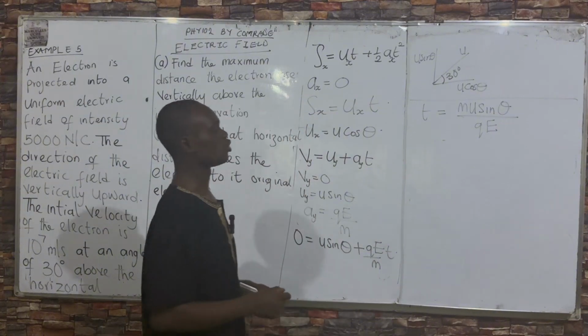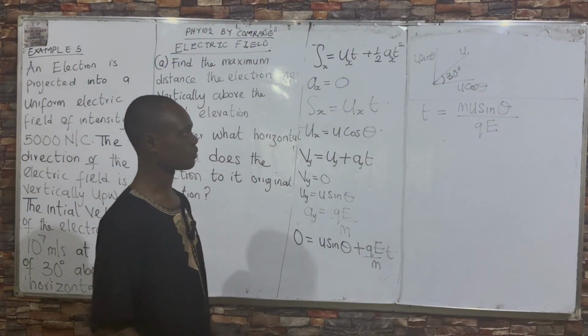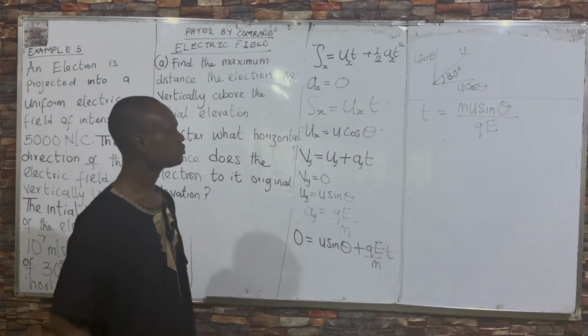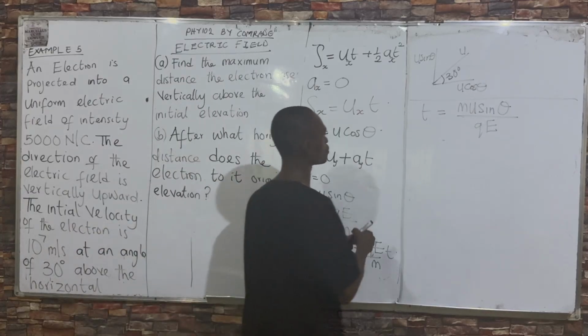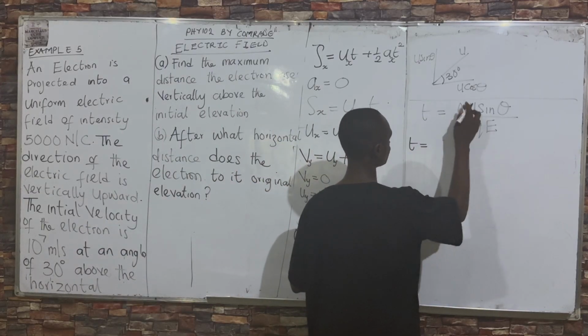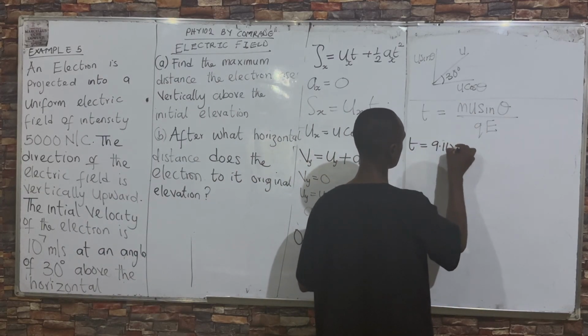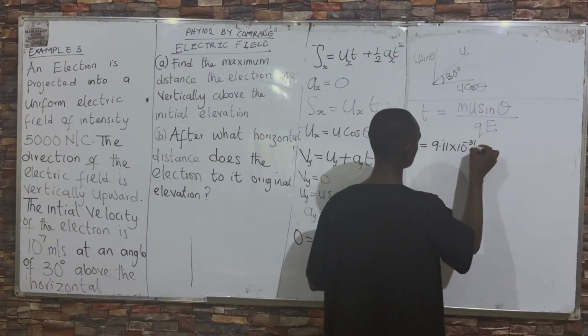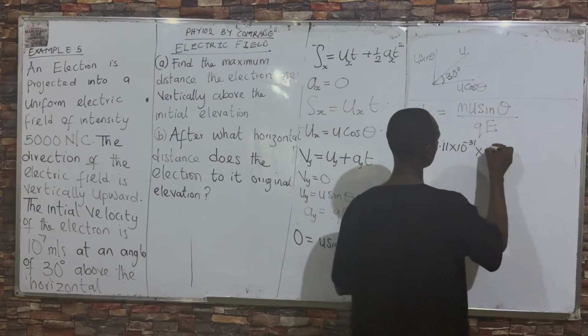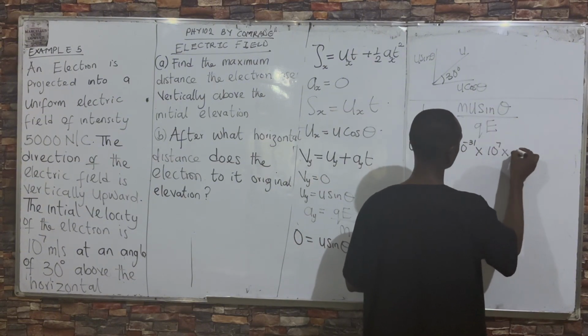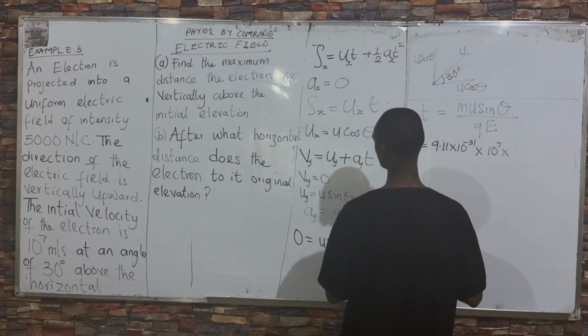So we can put minus, and we cancel the minus because it's the electron. So if I substitute that, T becomes what? M is 9.11 times 10 raised to power minus 31. U is 10 raised to power 7. Is this sine or cos? Sine.